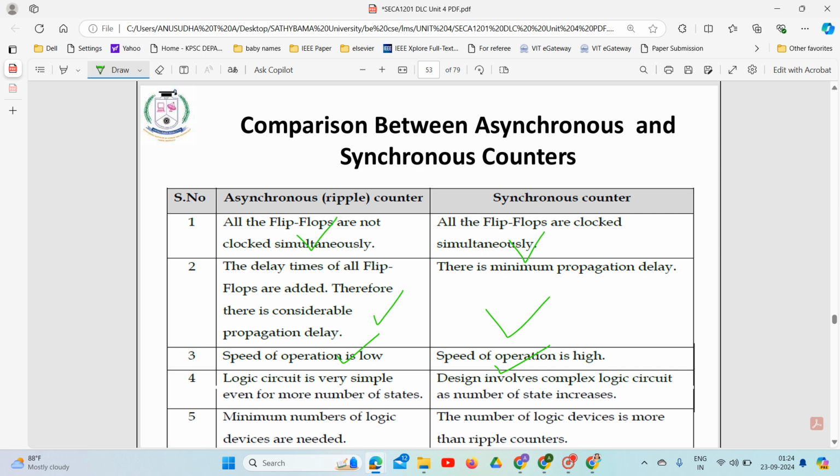Very few logic circuits are required to implement an asynchronous counter, so the design of an asynchronous counter is very simple when compared to the synchronous counter. In the synchronous counter, we require many logic circuits and it is also very complex to design.